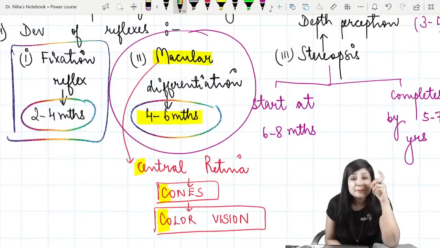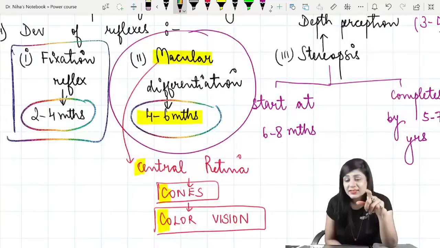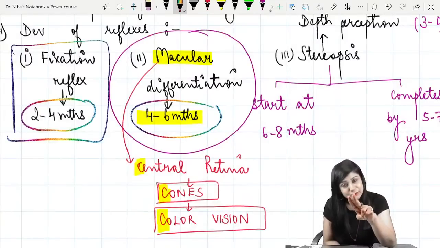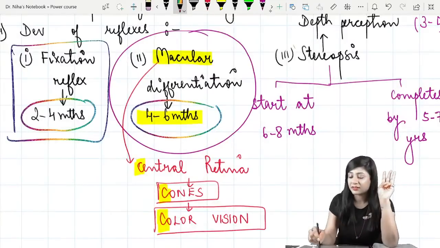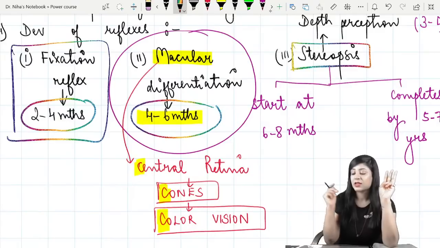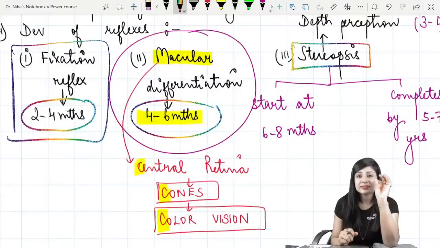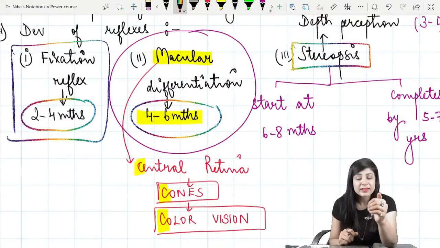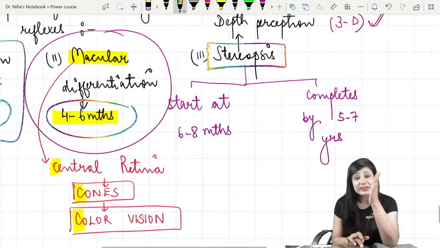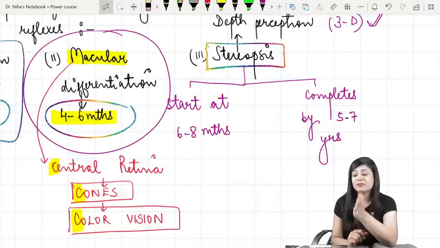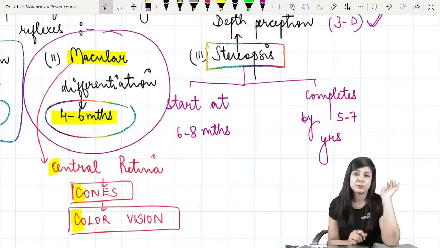So first the baby learns to fix. Then second is the color differentiation. And then third is the stereopsis. Are you getting this? So once a baby has this fixation reflex, then there is a color differentiation in the baby, and finally is the stereopsis.